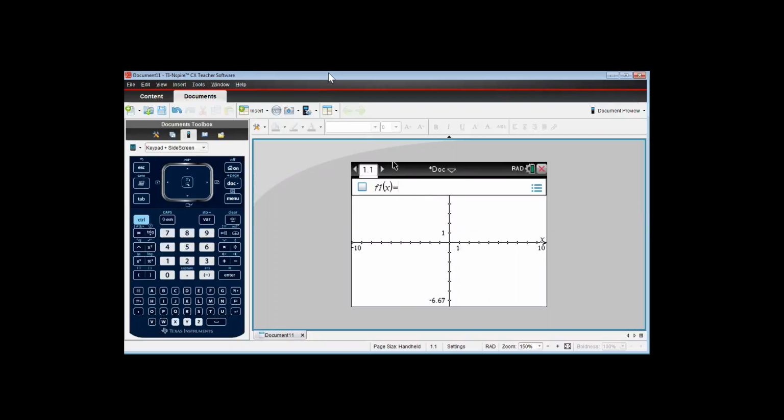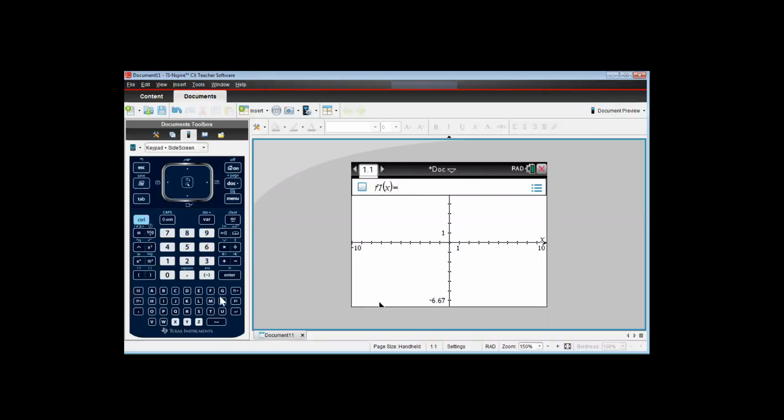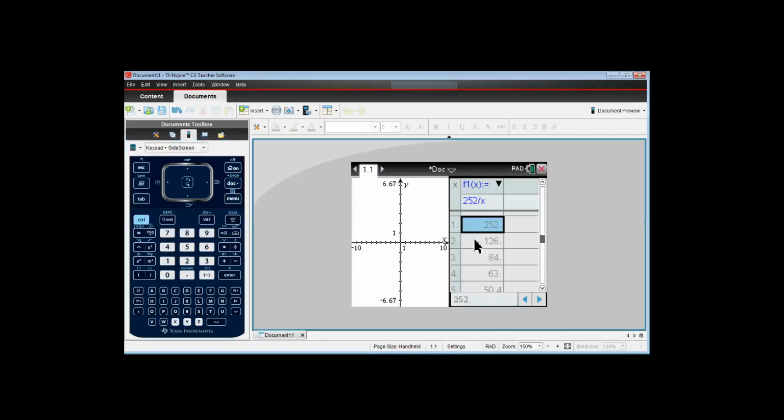So I'm going to take that 252 that we're looking for, go to graph a function, and type in 252 divided by x. What I want to do is look at the table. All of these are factors of 252. What I'm looking for is the one that adds to give me 9.